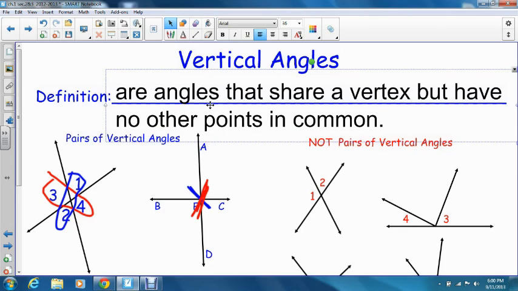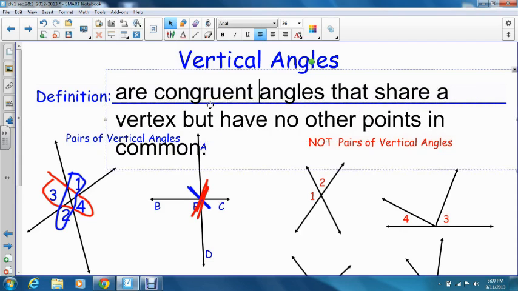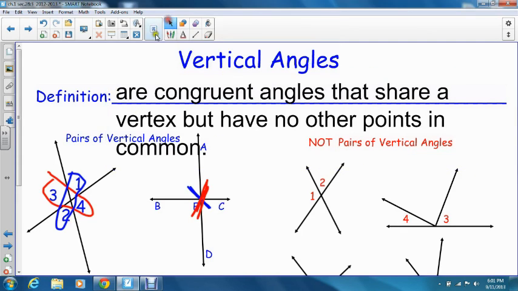And I'm going to put one more word in here just to solidify this definition. Vertical angles are congruent angles that share a vertex but have no other points in common. Okay, so that's a really good definition of what vertical angles are. They're congruent angles. They share a vertex, but they don't have any other points in common.